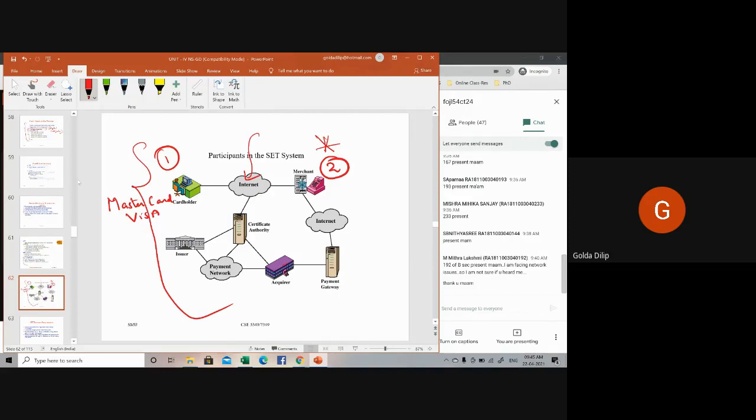Then the third one is the issuer, who issues the payment card. It can be the MasterCard. An issuer is a financial institution, a financial organization. Mostly it will be the banks.